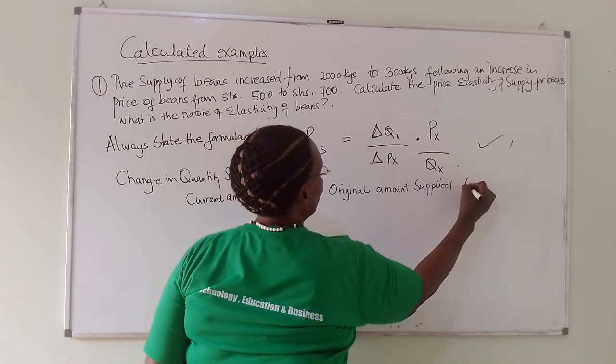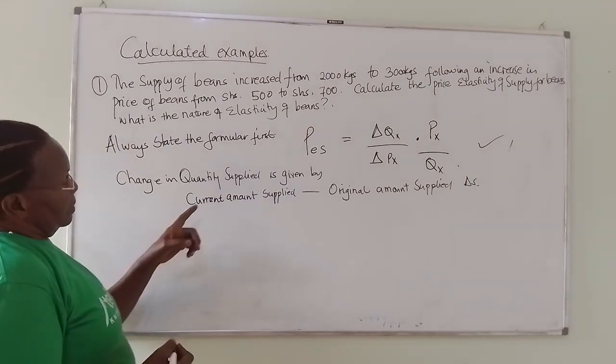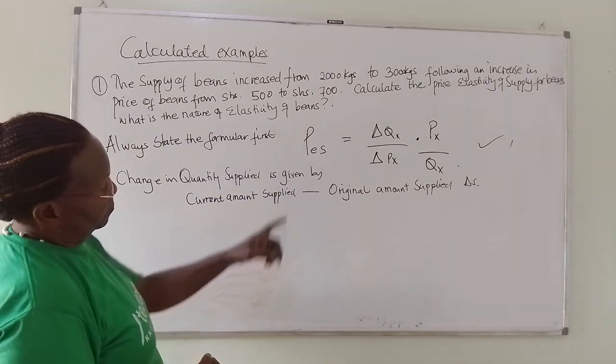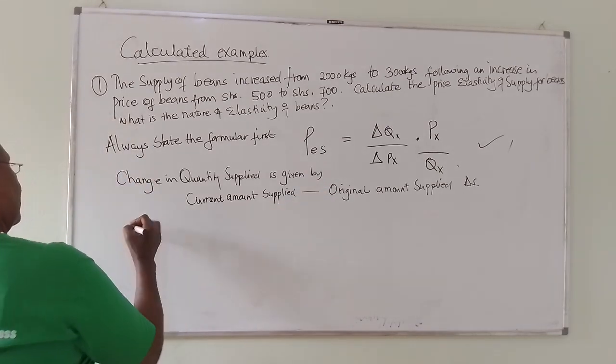That's how you get the change in supply. It is given by current amount supplied take away original amount supplied.